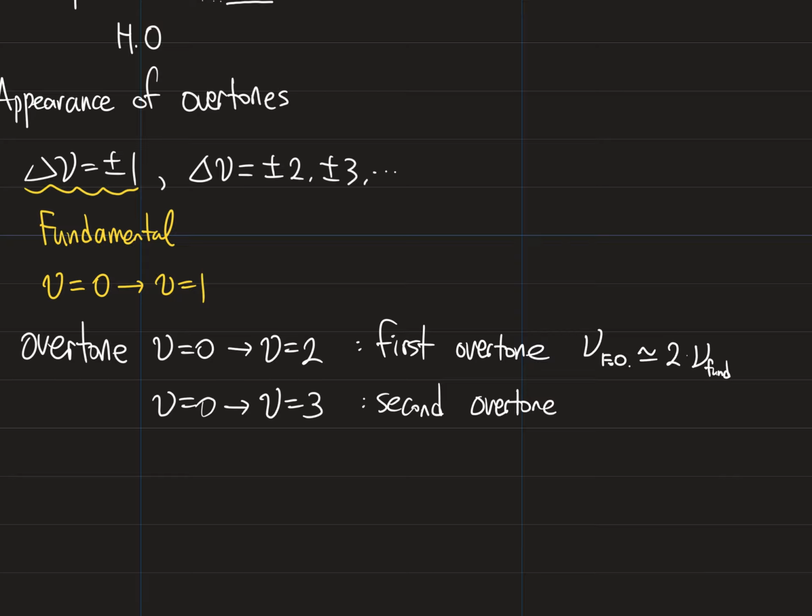I wouldn't say it is exactly twice the fundamental frequency, because with the inclusion of the anharmonicity, the energy gaps become smaller and smaller compared to the ideal harmonic oscillator.